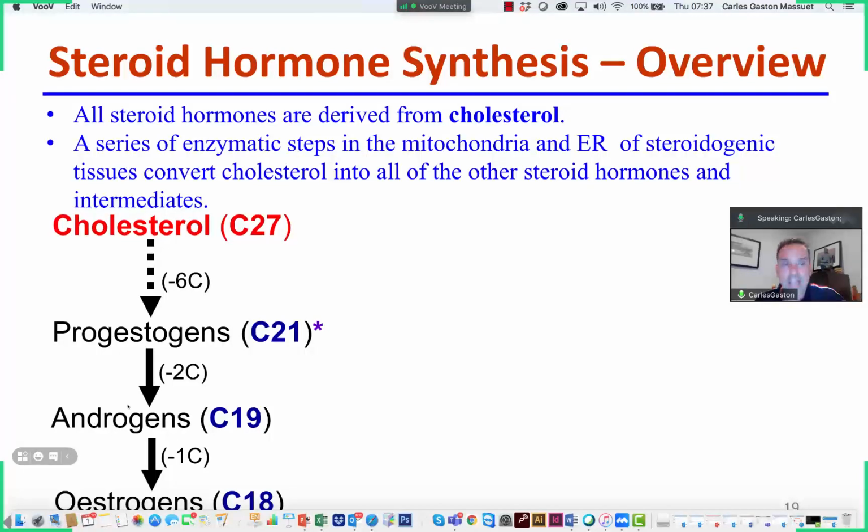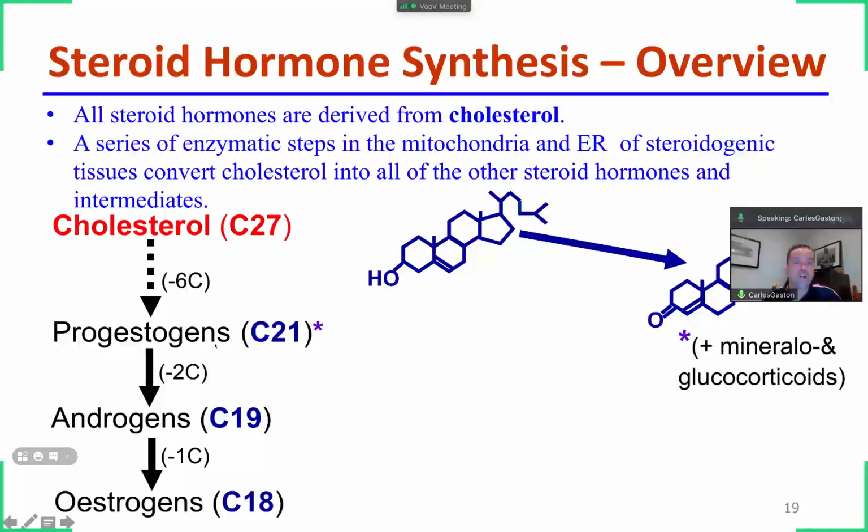Remember, hydroxylases add, decarboxylases remove, and each enzyme will do something different. So we start with cholesterol, then it will take 6 carbons away, and we will end up with progestogens. Okay? Then another enzyme will take 2 carbons and will form androgens, and then 1 carbon more and will form estrogen. Okay? This is to form the sexual gonadal steroids, but also remember that there is the cortisol, right?